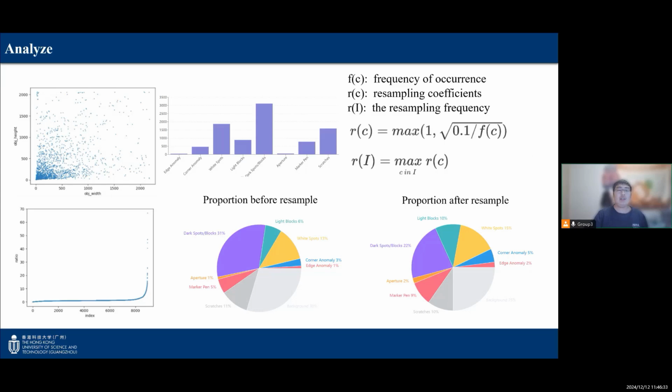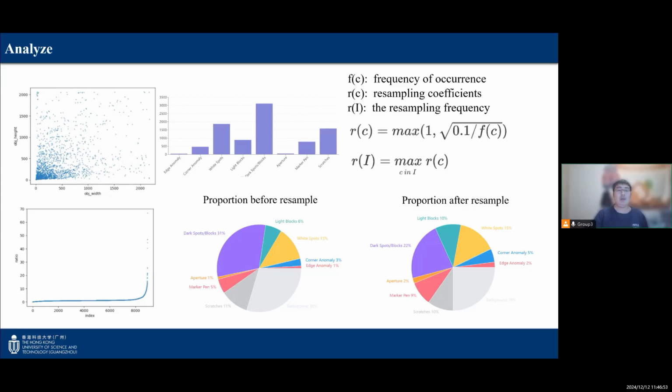To address the issue of imbalanced categories, we use the resampling method. First, we calculate FC, the frequency of occurrence for each category. Then we calculate RC, which means the resampling coefficients for each category.